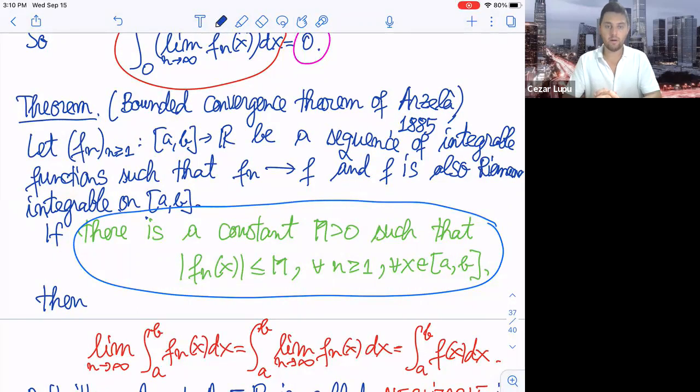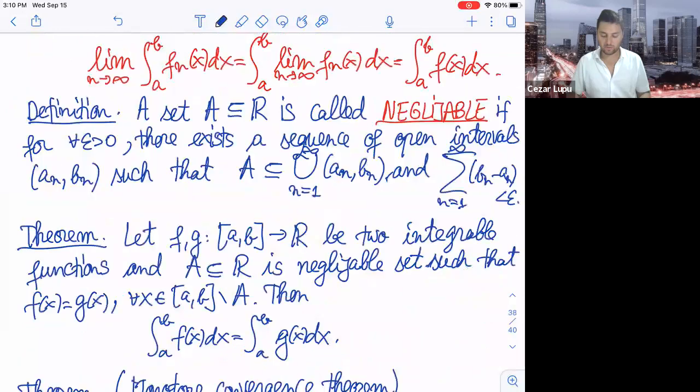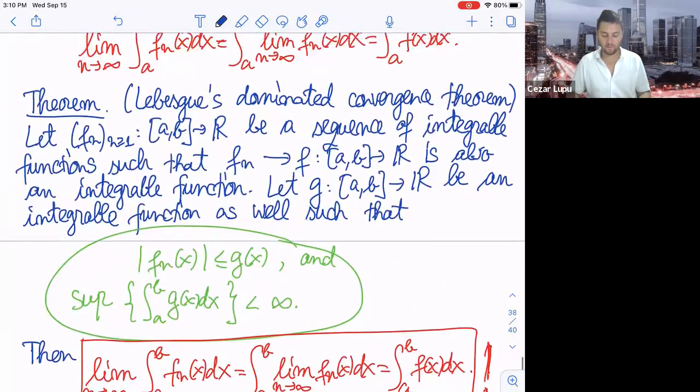But in the case of the dominated convergence theorem, we have a function g of x, which doesn't necessarily have to be a constant. It is a little bit more general in the case of the Lebesgue dominated convergence theorem, as you can see here.